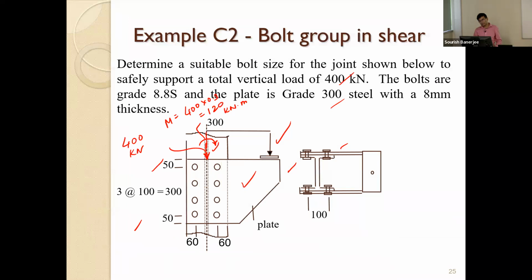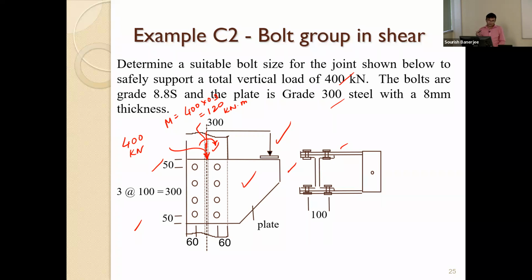Now, if you look at this problem, it is basically a statically indeterminate problem. Why indeterminate? When the bolts are subjected to shear, it is easy to think that the load is uniformly distributed.